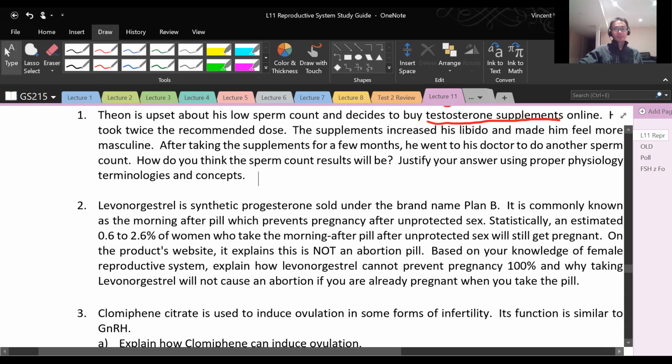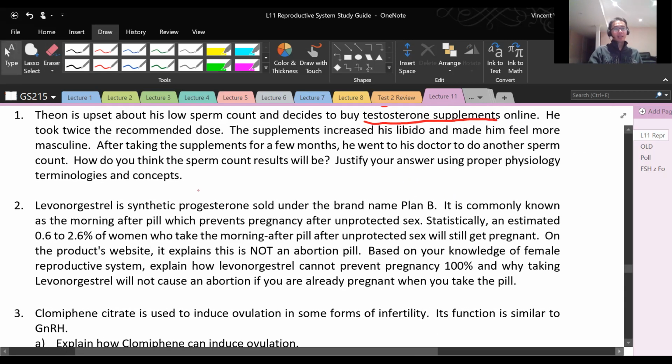Next one, we have this thing here, and I don't know how to pronounce it. Levonorgestrel, maybe. It is synthetic progesterone sold under the brand name Plan B. It is commonly known as the morning after pill, which prevents pregnancy after unprotected sex.